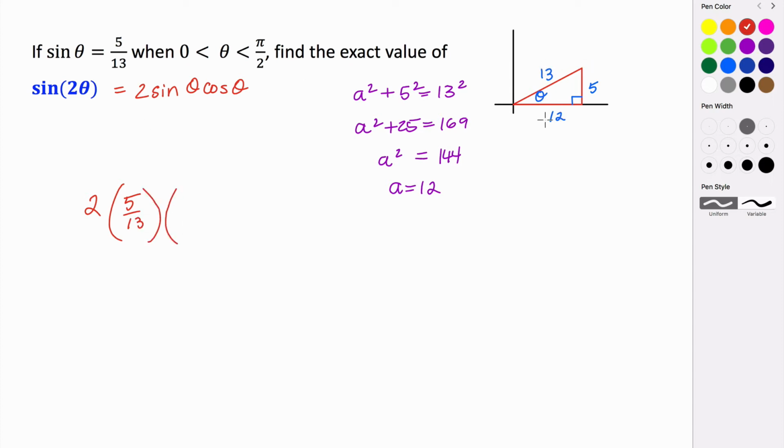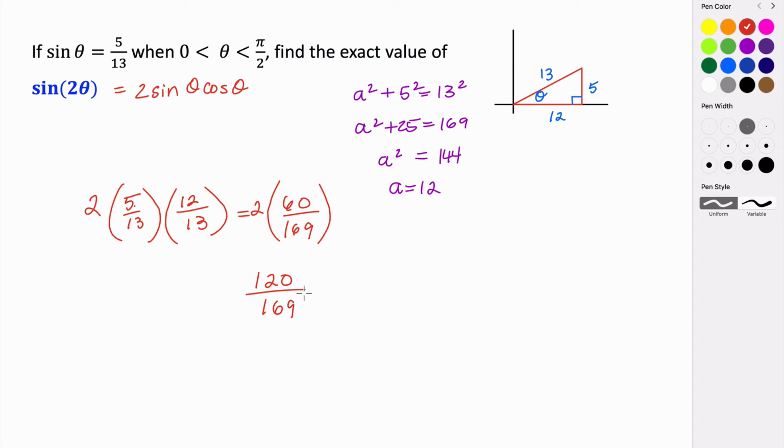12 over 13. Now we know the cosine's positive because we're in the first quadrant where all of our measures are positive. Take this product, 5 times 12, that's 60. So we have 60 over 169. All this times 2. 2 times 60 is 120. 120 over 169.